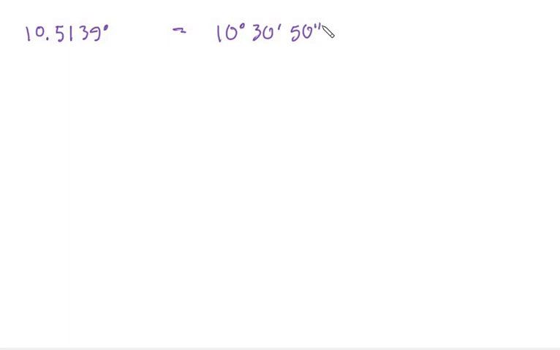Okay, so the way we do this mathematically is we take the fractional part of our decimal degrees. So we take the 0.5139 and multiply that by 60. And what that'll give us is the minutes. And so what it gives us is 30.83333 minutes.